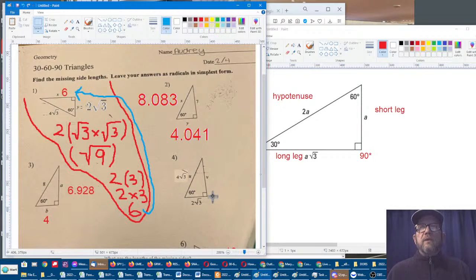And then now we've got your long leg, because we have to take 2 times 3 and multiply another.